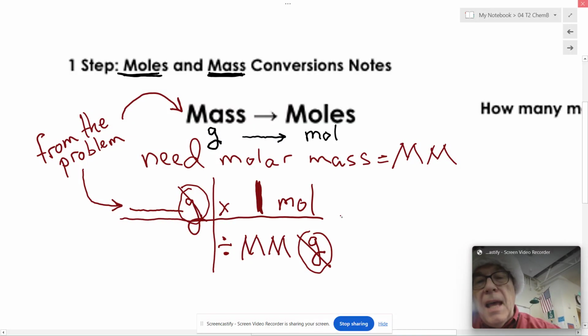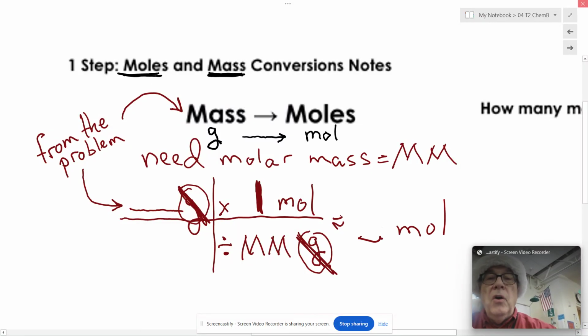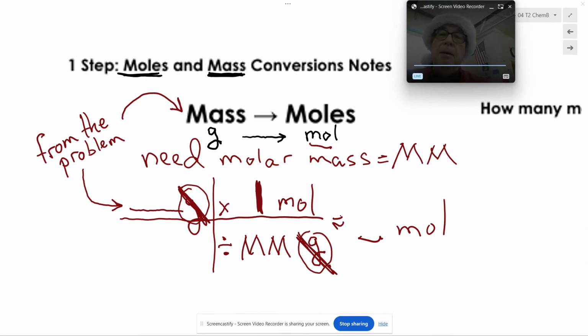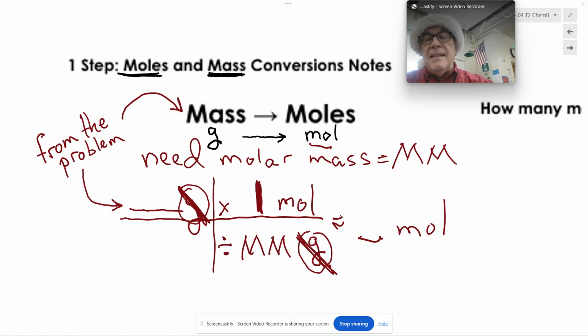And what that means is these units canceled, right? And so the unit that is left is just moles. So remember, that's what we wanted up here at the beginning of our problem. Up here is a 1, but that's the answer to our problem. We're going to work some examples, and you're going to be able to go back and look at these notes to see exactly what I'm talking about.